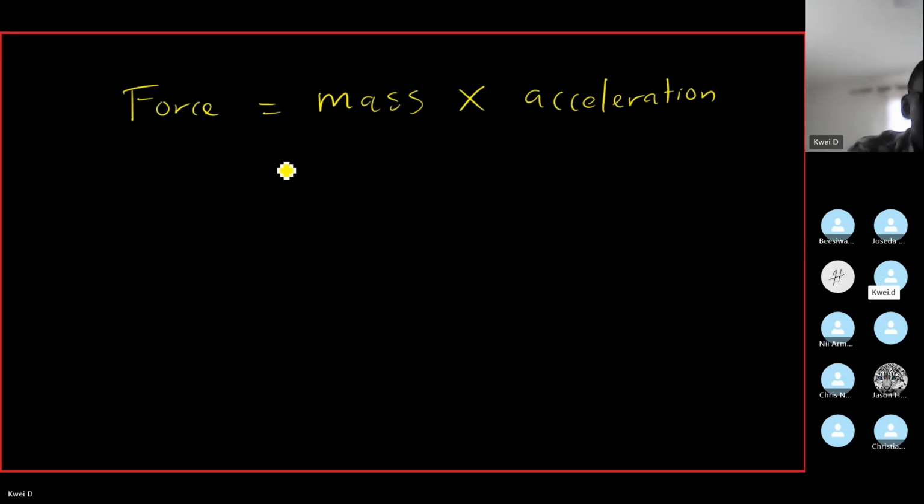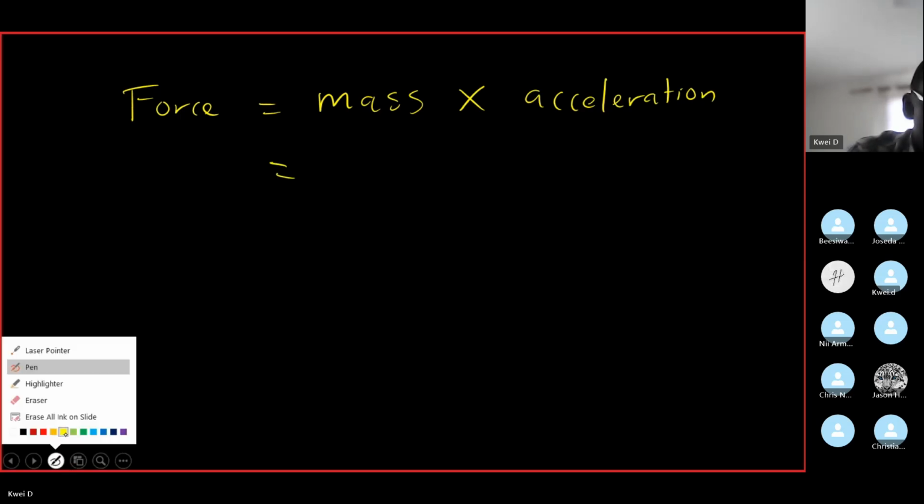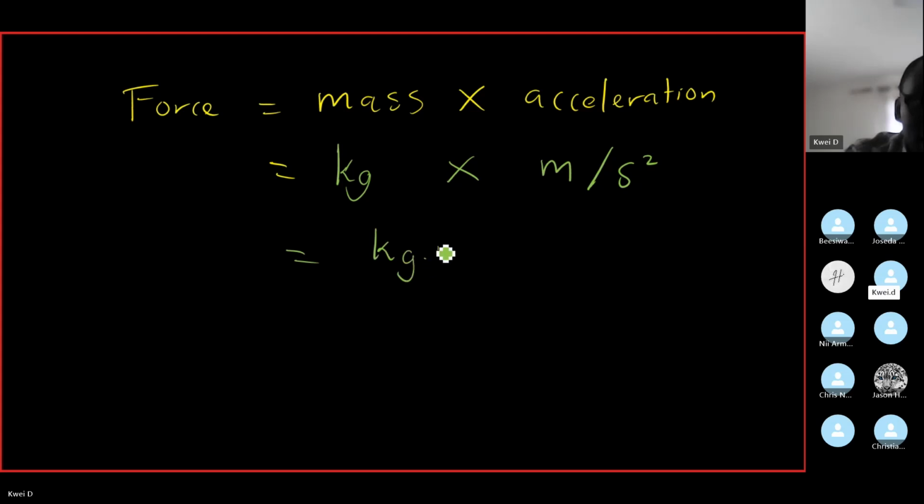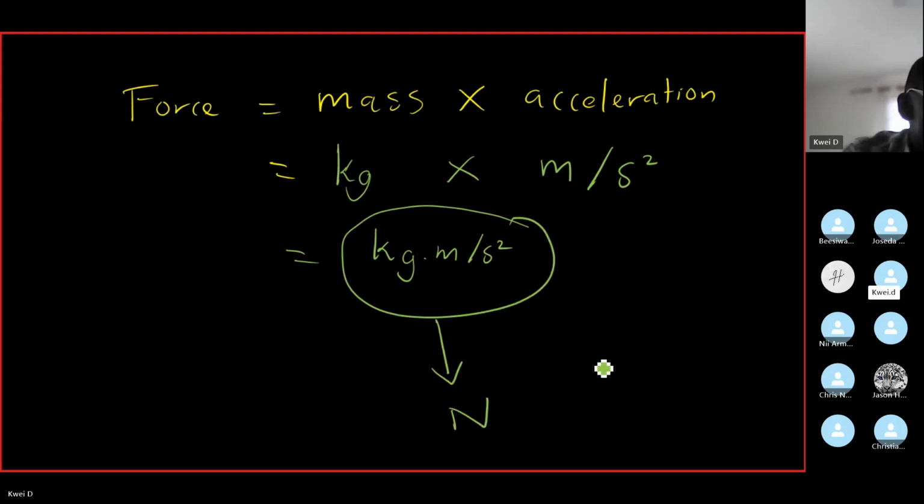And remember that mass is measured in kilogram, and acceleration is measured in meter per second squared, as we said. So you combine it, you get kilogram meter per second squared, and that is what we write as N, meaning Newton.